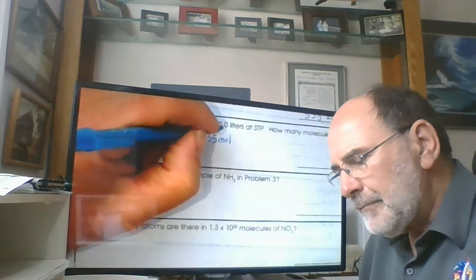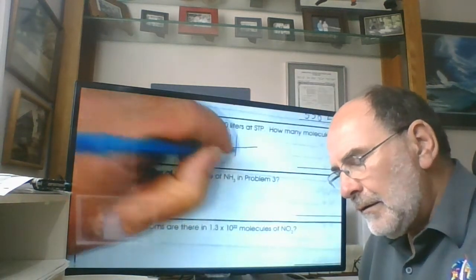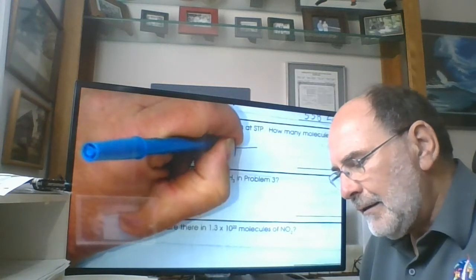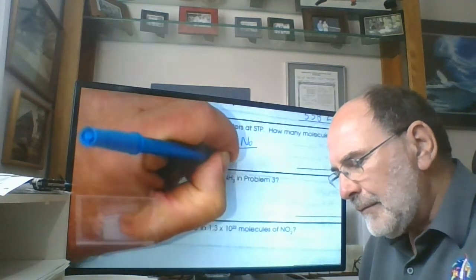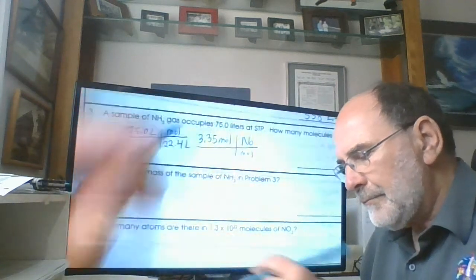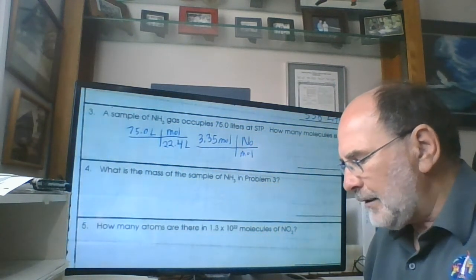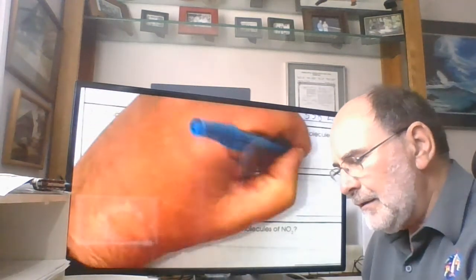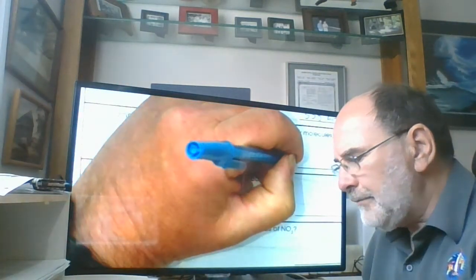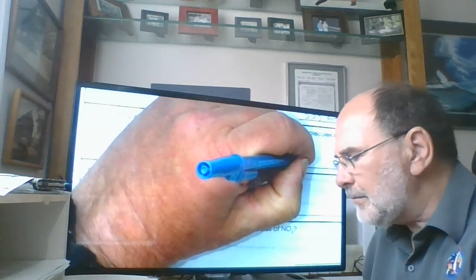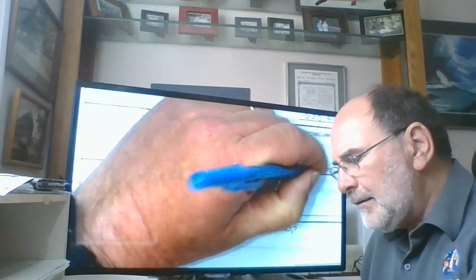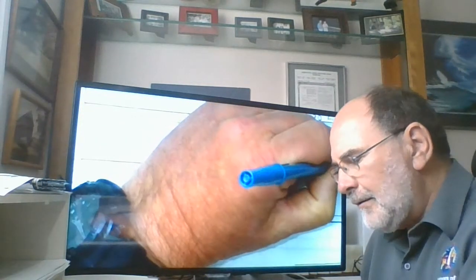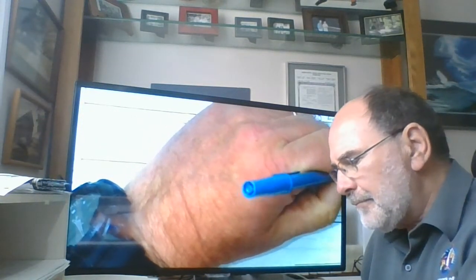Each mole is Avogadro's number of molecules. So when I multiply this by Avogadro's number per mole, I will have the answer. So this times, and I've stored it in my calculator as alpha n, I have an answer of 2.02 times 10 to the 24th power molecules.